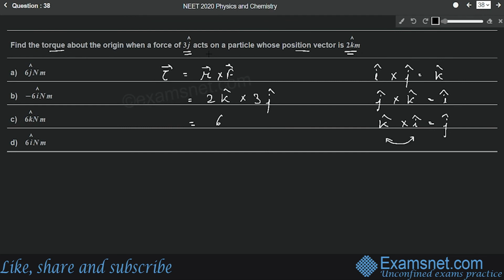Okay, so here you can see j cap cross k cap is equal to i cap, but here we have to multiply k cap into j cap. Okay, that means the same will be in minus, so here we will have minus i cap. Okay, so the quantity will be minus 6 i cap and the unit will be Newton meter. So the correct answer will be option B, minus 6 i cap Newton meter.